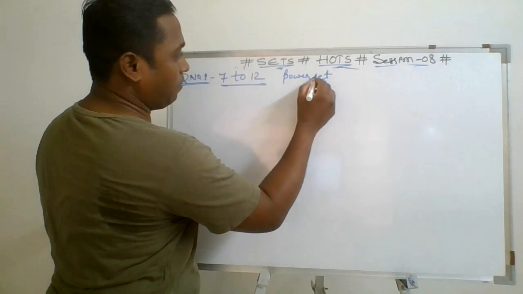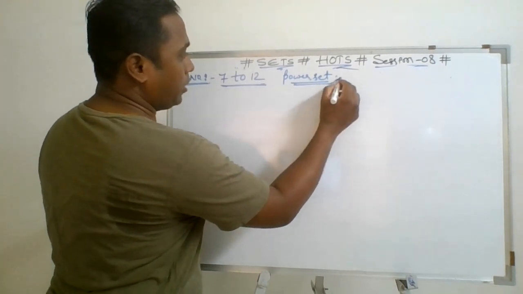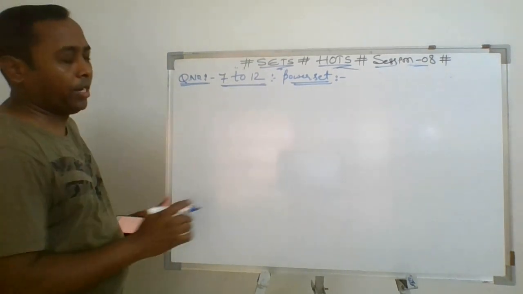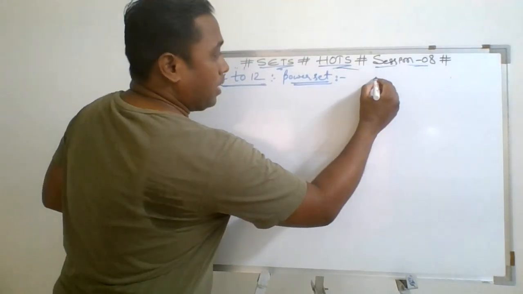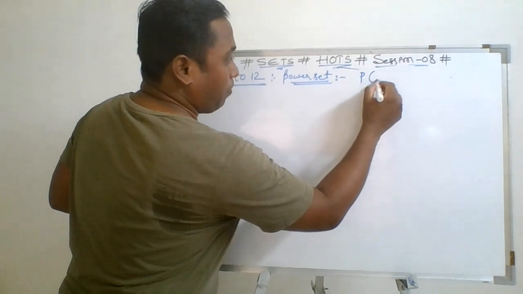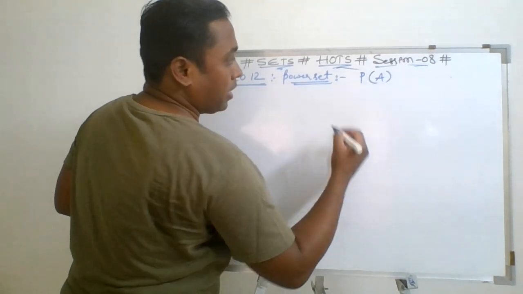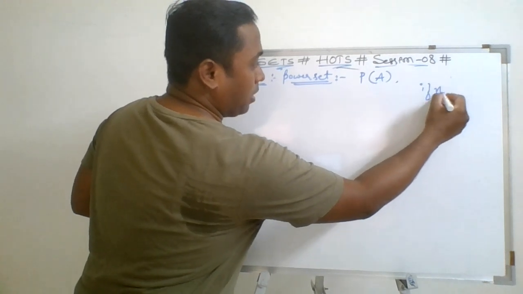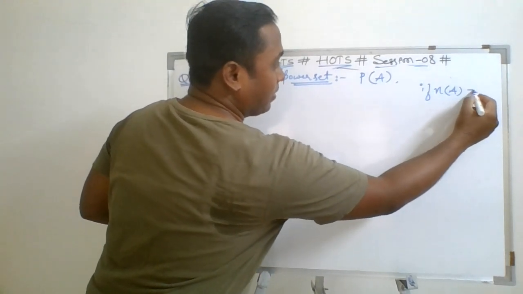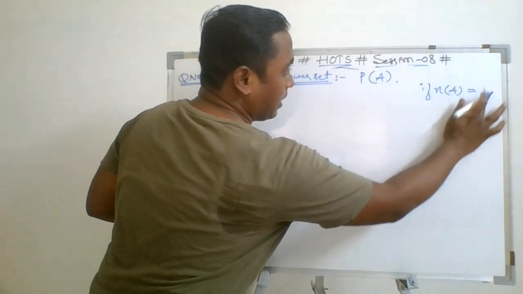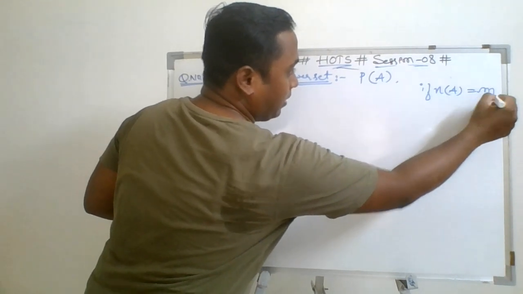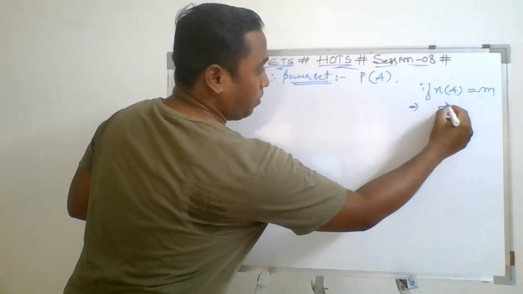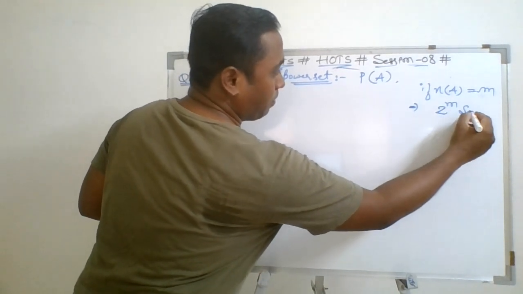You know the definition of power set? So related to power set, how can you deal with it? You already know that power set is denoted by P of A, right? As well as you also know that if the number of elements in a given set is, let us say, some m elements, then ultimately it has 2 to the power of m number of subsets.